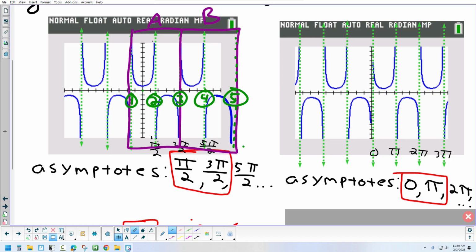So the important thing to understand with that graph is to have a full cycle. You've got a U shape and an N shape. That makes a full cycle. A U shape by itself is half a cycle. That's not a whole cycle.